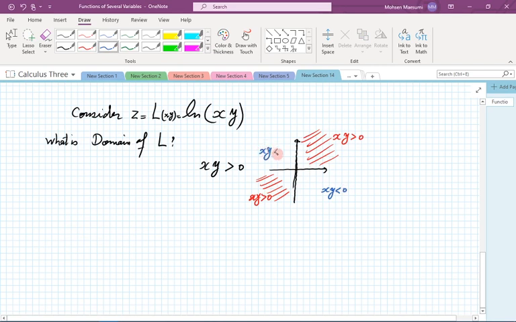And on the axis, what's xy? Of course, xy on the axis is 0. That's where we are crossing.